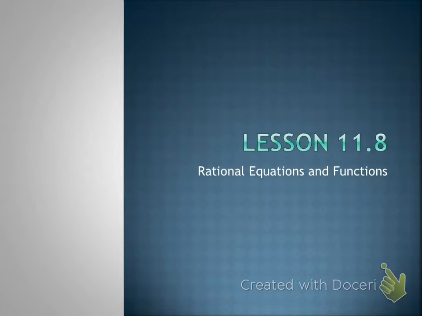But when we went over 11.6 and added and subtracted fractions, what did I have to have in order to add or subtract fractions? Common denominator. Yes, correct. I have to have a common denominator, which is what we're going to be working on again today.